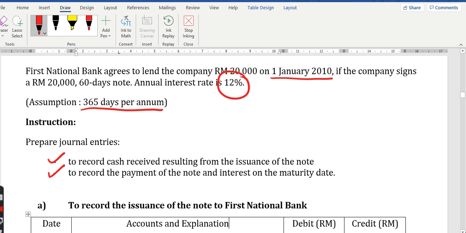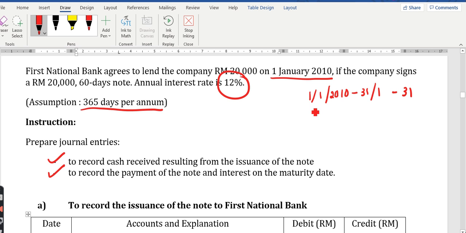So first of all, you need to calculate your maturity date. When is the maturity date? The notes payable is issued on 1st of January 2010. So until 31st of January, that will be 31 days.